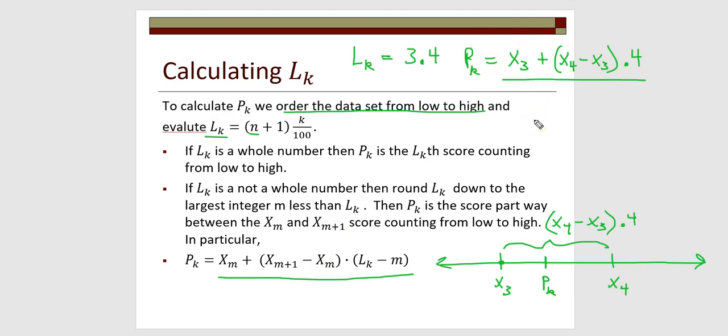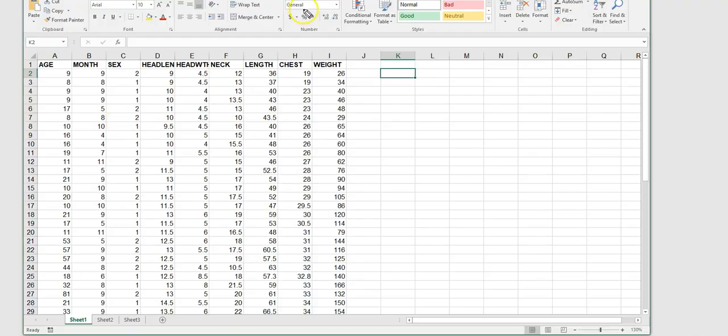Now let's take a look at an example where we calculate some percentiles. So here we have our trusty bear weight data set, and what we're going to do is look at the length of the bears, that column, and calculate Q1, Q2, and Q3, the first, second, and third quartiles, or P25, P50, and P75.